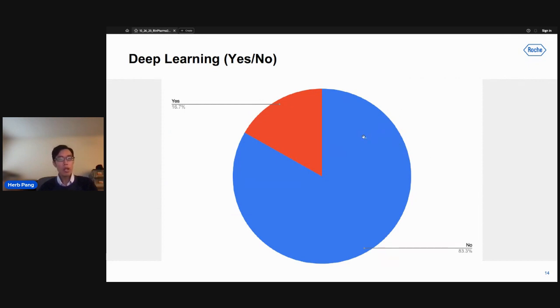Another interesting thing to look at is whether the machine learning and artificial intelligence work was tied to deep learning. A majority were not, being more general machine learning work, but about 15 to 16% of the work is tied to deep learning.